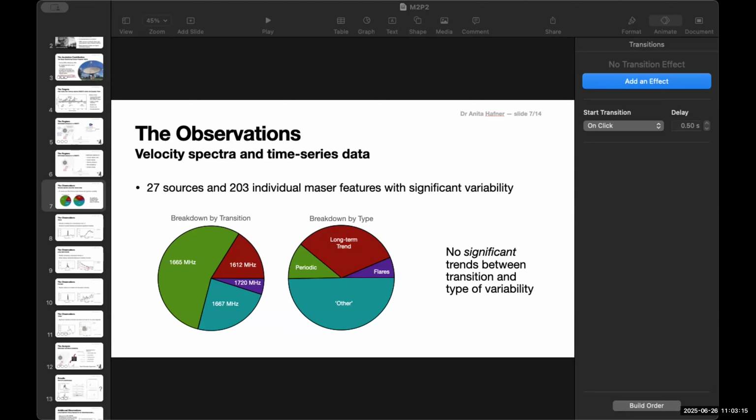The 1612, I'm going to go back to Malcolm's comments for a second. I want to add to what Anita was saying. The 1612, we think it's more associated with some of the areas away, like people talk about it being in areas where there's outflow and stuff like that. I'm not sure about that, but what I can say is I've looked at this source that she was showing, and the OH is not in phase with the methanol.